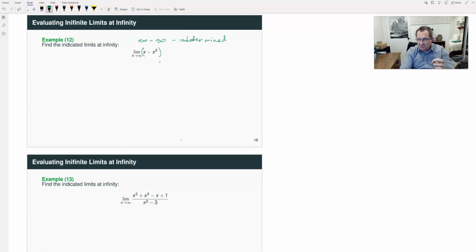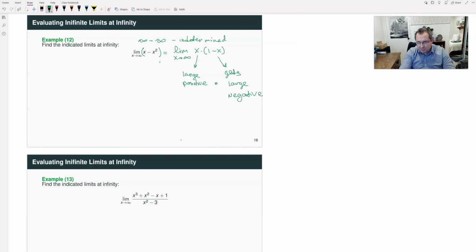Nevertheless, we can rewrite the expression just a little bit to make it determinate. Actually, the solution is very simple. All we have to do is to factor x out. We factor out x, and now we start to think. This x gets large positive. 1 minus x, on the other hand, gets large negative.